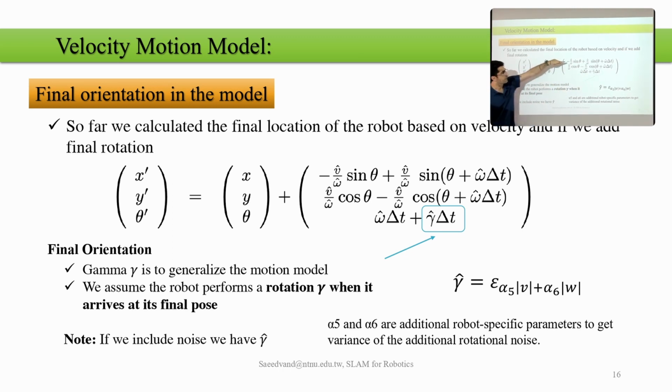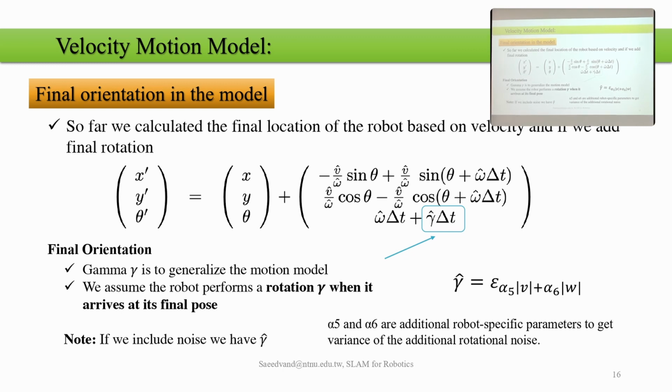Here we calculated the x prime, here we calculated the y prime, the position, and here we added the theta, the orientation or the bearing of the robot. But now if you want to add that, we simply add gamma delta t, which represents the final rotation of the robot that we may have.